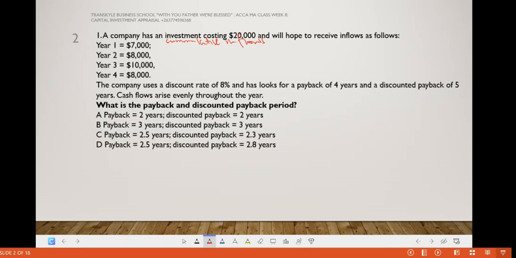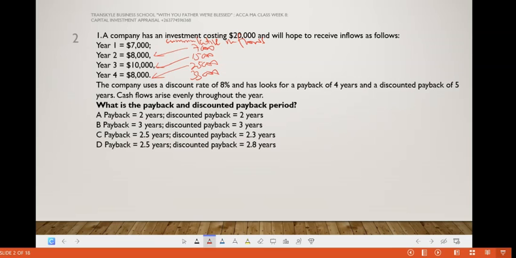We start with the year 1 cash inflow of 7,000, and we add the 8,000 and get 15,000 as a cumulative figure, and then we add 10,000 and it becomes 25,000. We add 8,000 and it becomes 33,000.